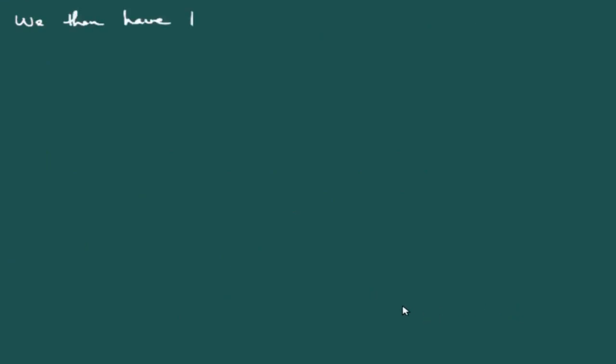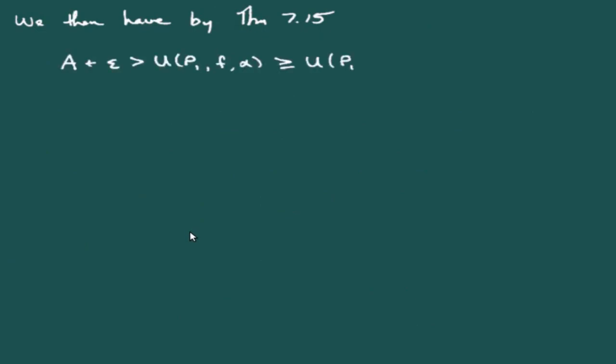And so then, kind of as a consequence of theorem 7.15, our A plus epsilon is going to be greater than this upper sum with respect to P1, but that's going to be greater than or equal to this upper sum with respect to the refinement P1 union P2.